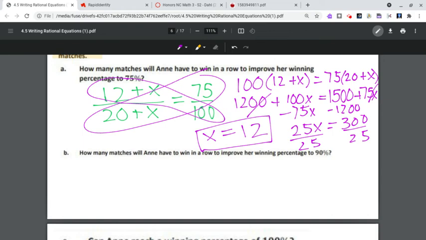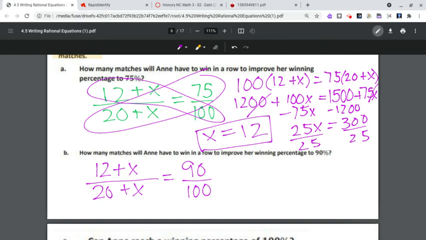Okay, next question says, how many matches will she have to win to improve her winning percentage to 90%? We're going to set it up the same way. 12 plus X over 20 plus X equals 90%, which is 90 hundredths, a percentage out of 100.